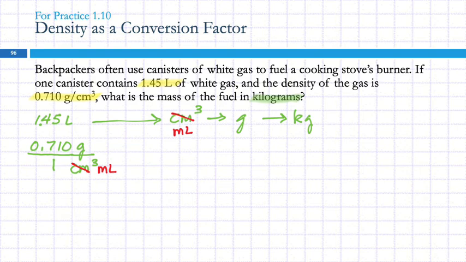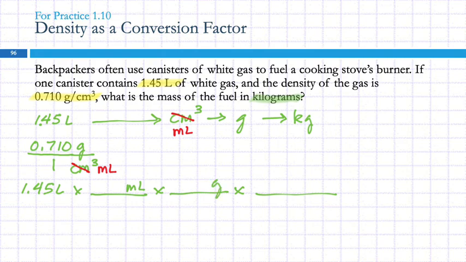So I'm just doing dimensional analysis. I'm just going to do what I always do, 1.45 liters. I count 3 arrows. I have 3 fractions. Liters to milliliters to not cubic centimeters. We chopped that one out.